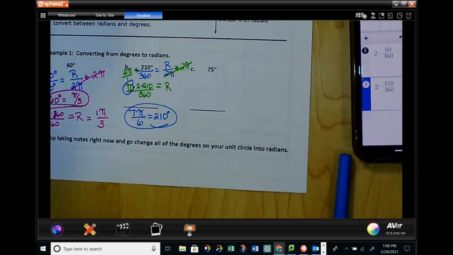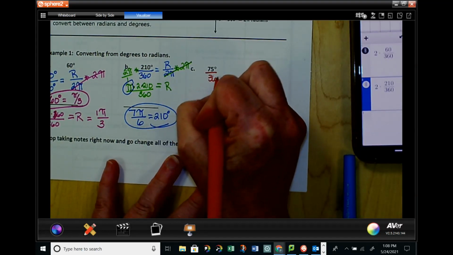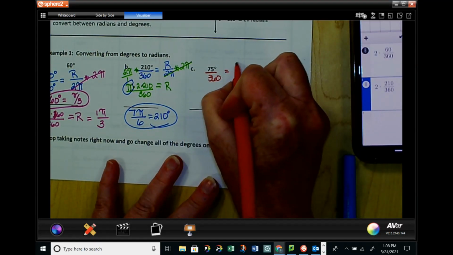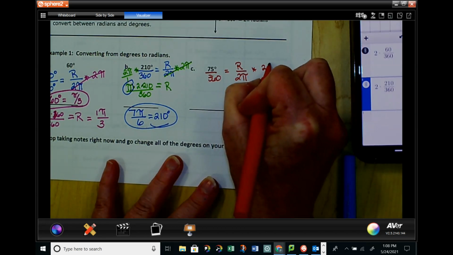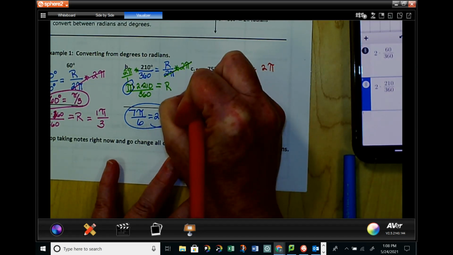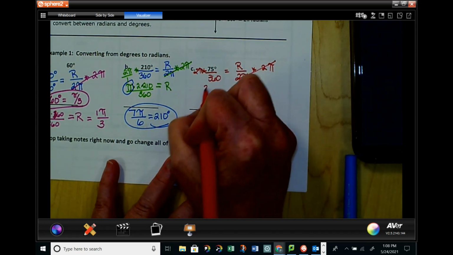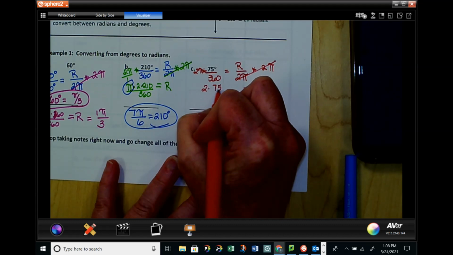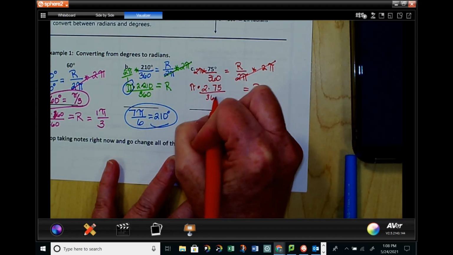And then we're going to do the next one. 75 over 360 is my radian over 2 pi. Multiply by 2 pi, it cancels out. Radian is 2 times 75, and pi hangs out and waits its turn, over 360.